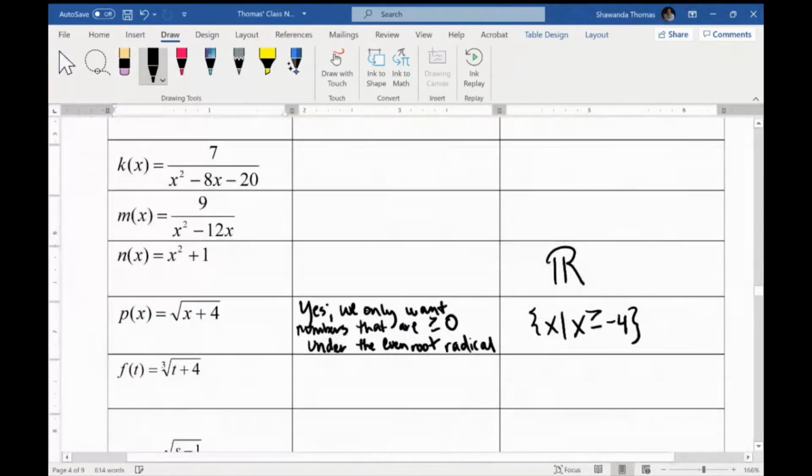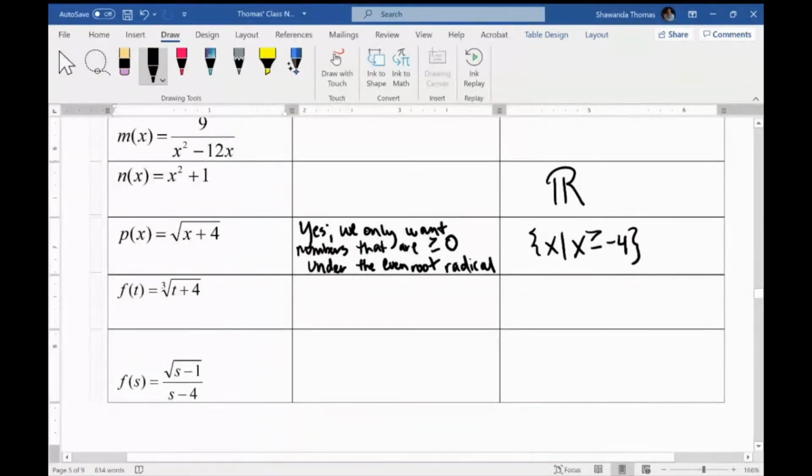Do we have either situation for f of t? No, we do not. We do not have a fraction, that's obvious. We do have a radical, but what's different about this radical from p of x?